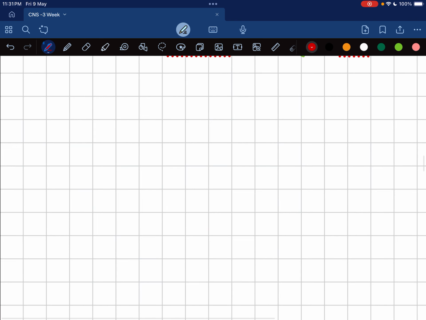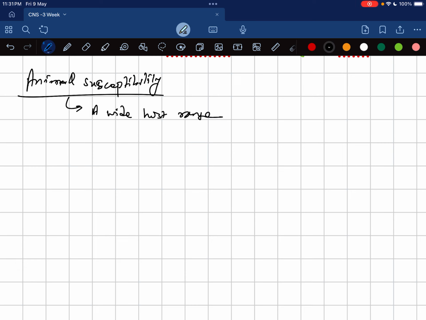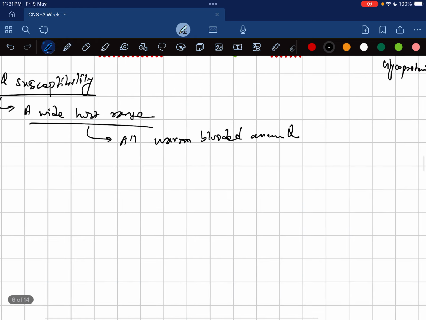So moving on, animal susceptibility. It has a wide host range, in fact all warm-blooded animals, including humans.